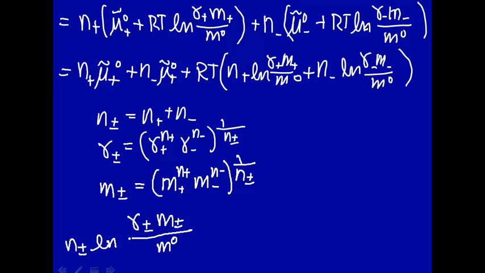When we actually do this, what we'll find is that we get this term here. If we multiply by RT, we'll get this term in here, which we can then replace with this term. So instead of independently having activity coefficients of the plus or minus, we'll have this averaged activity coefficient of the plus or minus. All right, so let's actually go ahead and do this.